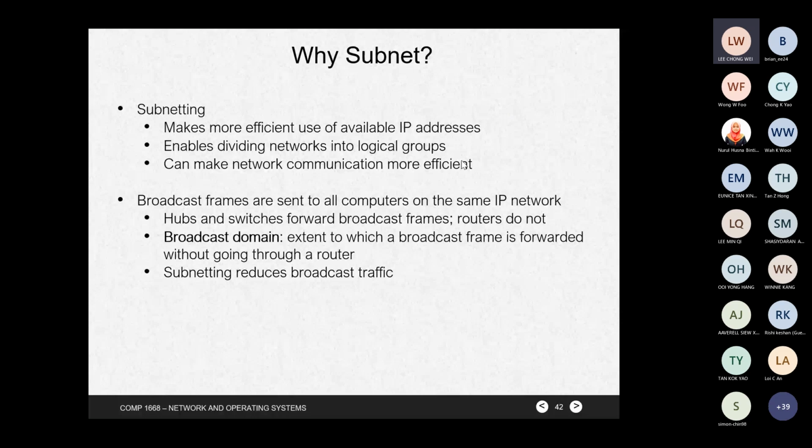So when we have different subnet masks with different subnets and different IP addresses, it allows you to have different logical groups, not physical groups, logical groups. Subnet also helps to reduce broadcast traffic. So when you have isolated or different groups, it allows you to have lesser traffic.